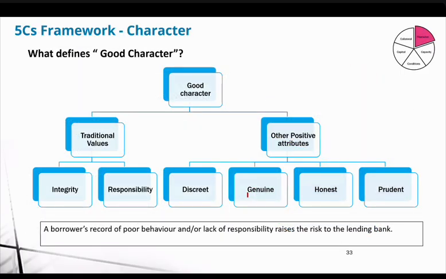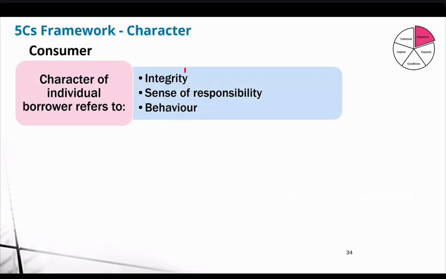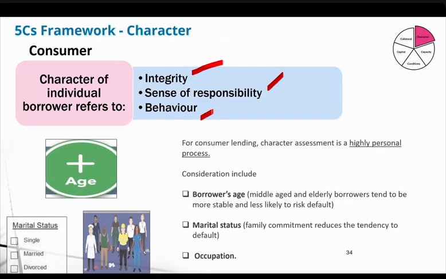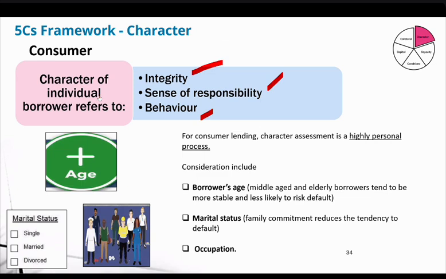These are the 5 C's that we'll cover. Now, in terms of character, they have traditional values and other positive attributes. And they mention that from retail's perspective, we look at integrity, a sense of responsibility, and behavior. For consumer lending, assessment is a highly personal process.